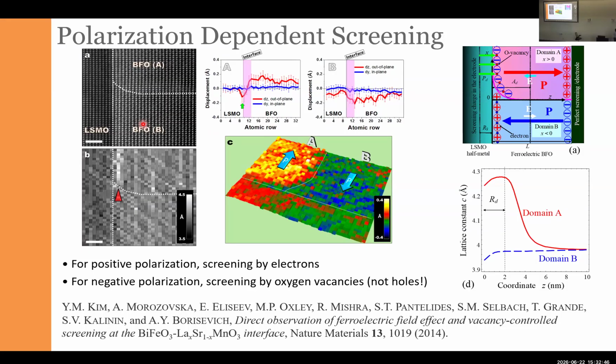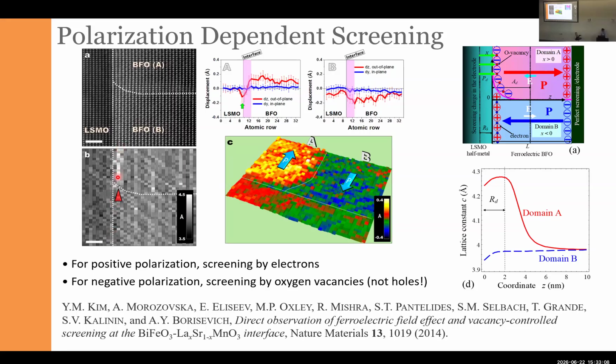So typically, we think that these materials are sufficiently electronically conductive. Lanthanum strontium manganite is a pretty good electronic conductor. However, in this case, we don't see any kind of anomaly at the interface. So here, the screening of the polarization charge is indeed done by the electrons.